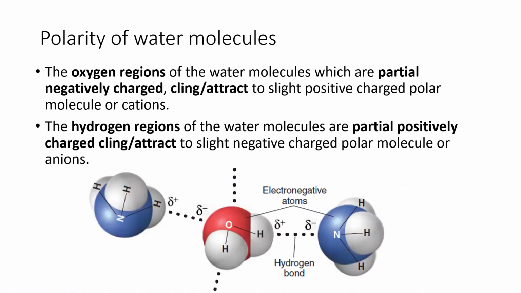The oxygen region of the water molecule, which is partially negatively charged, attracts slightly positively charged polar molecules or cations. The hydrogen region of the water molecule, which is partially positively charged, attracts slightly negatively charged polar molecules, for example nitrogen.